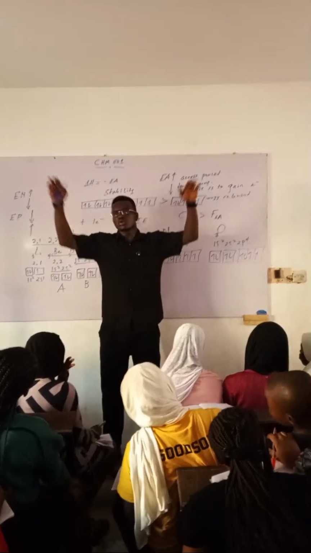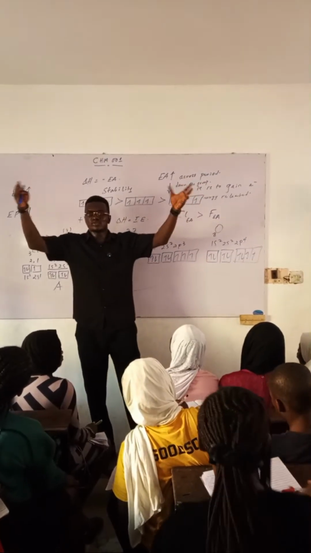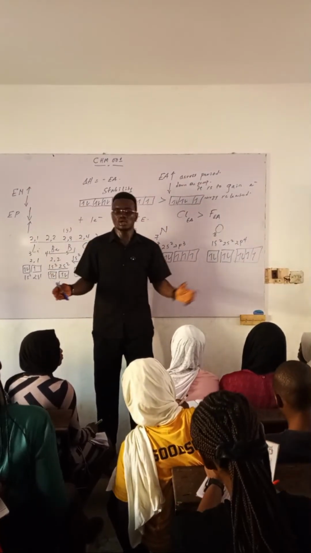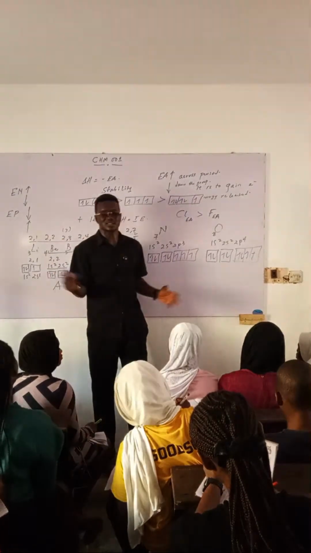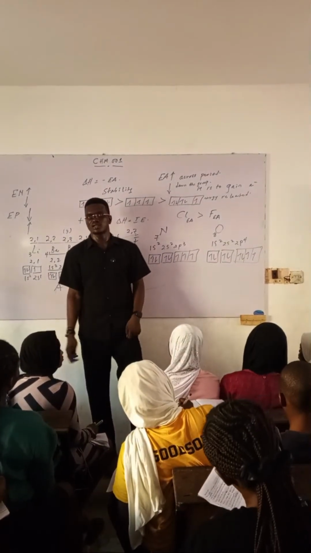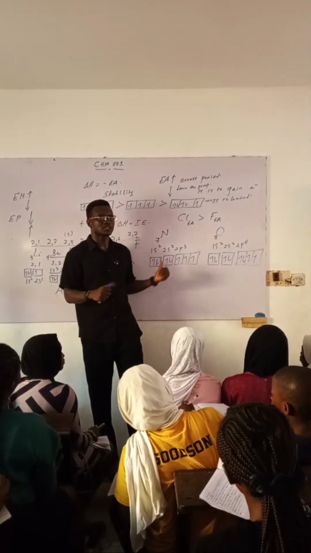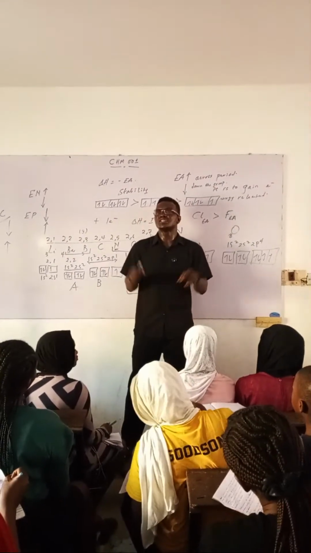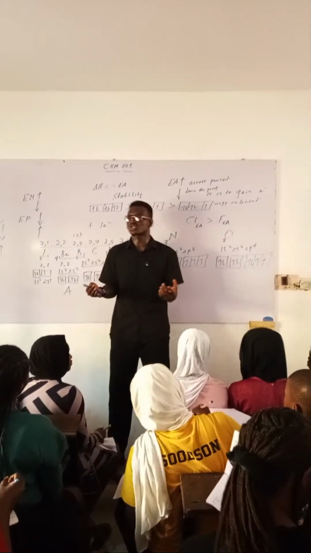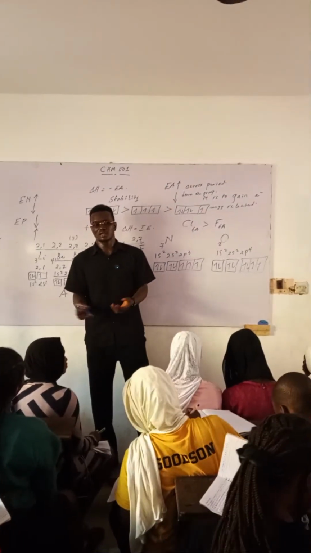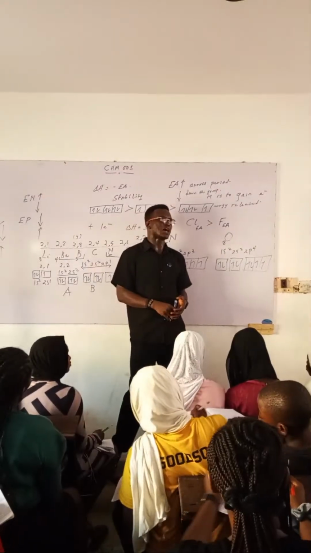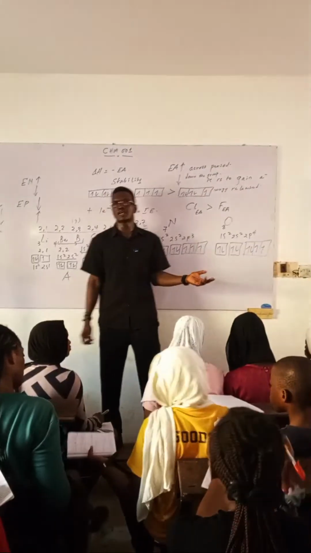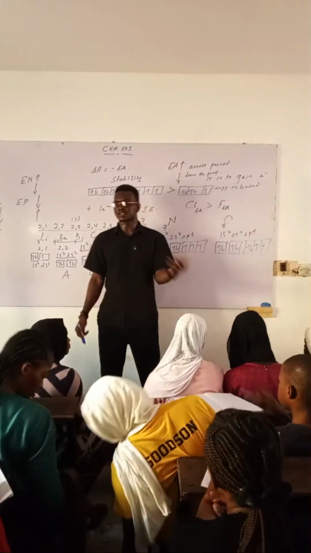All these things are gradual. When you get to a level, it will become so clear to you. But work on all of these parts first, and let's move on from there. I will be referring you back to this part as we move on with subsequent classes. The elements you have in the d orbital are called transition elements. Then we have the inner transition elements, which are your lanthanide and actinide.